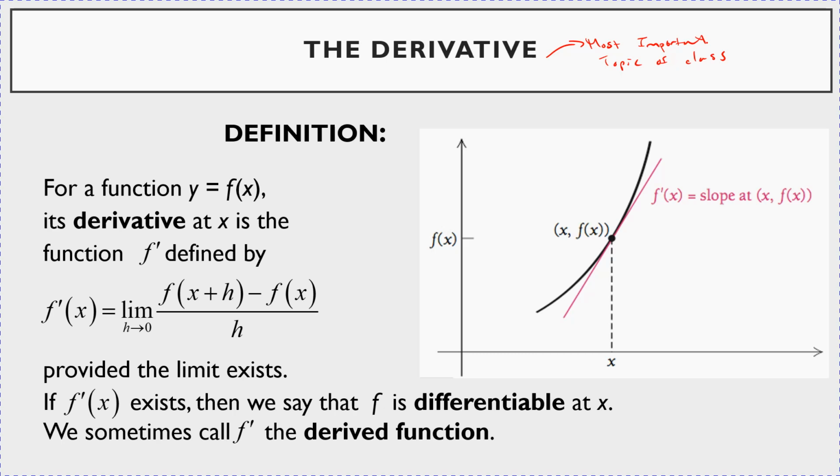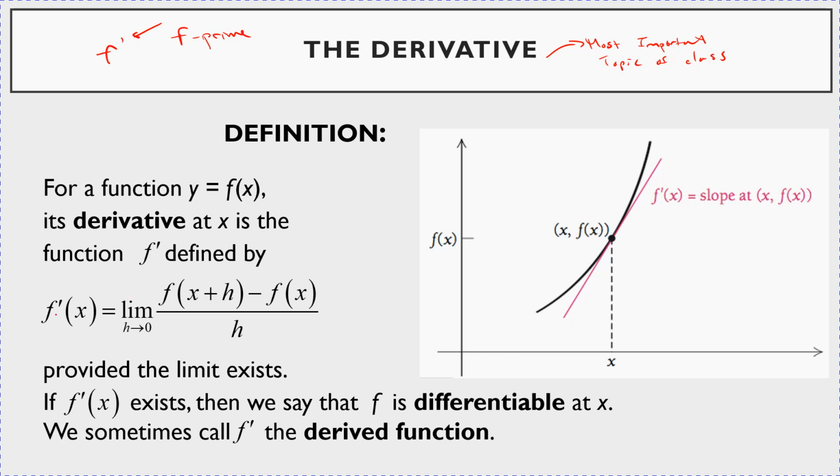So for a function y is equal to f of x, the derivative at x is the function which we denote as f prime, where the prime up here is read as f prime.